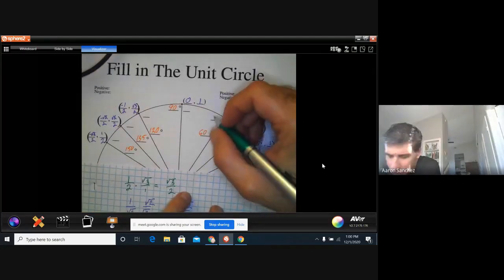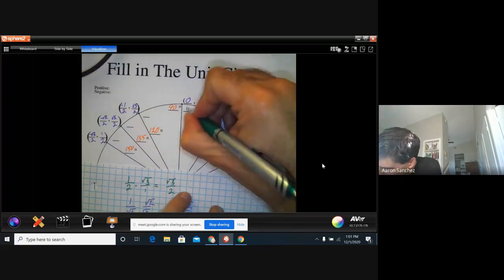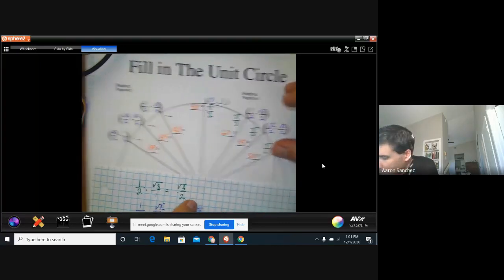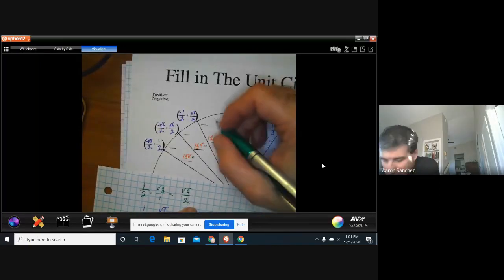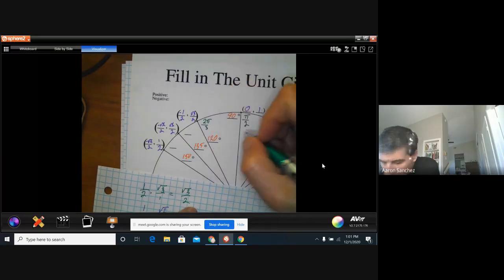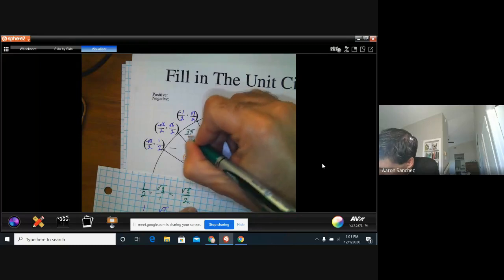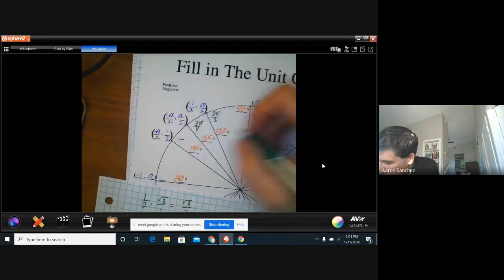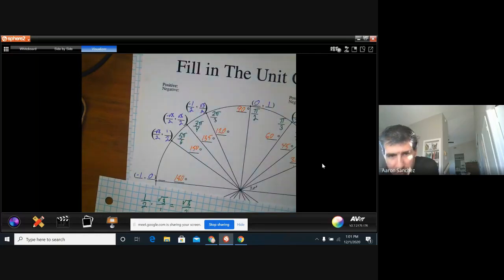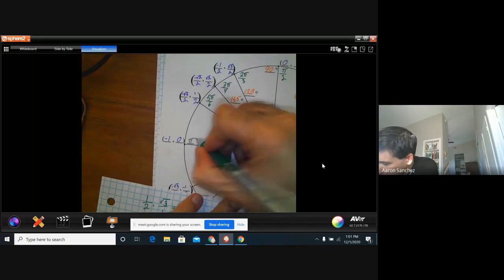So 60 degrees calculated out is pi over 3. 90 degrees is pi over 2. 120 degrees is 2 pi over 3. 3 pi over 4. And then 5 pi over 6 is 150 degrees. 180 degrees is equal to pi.